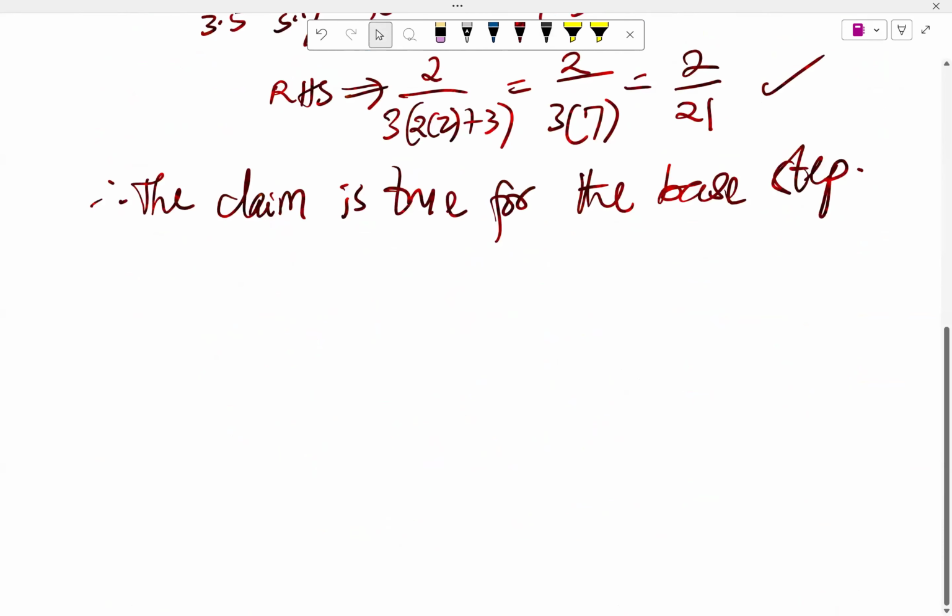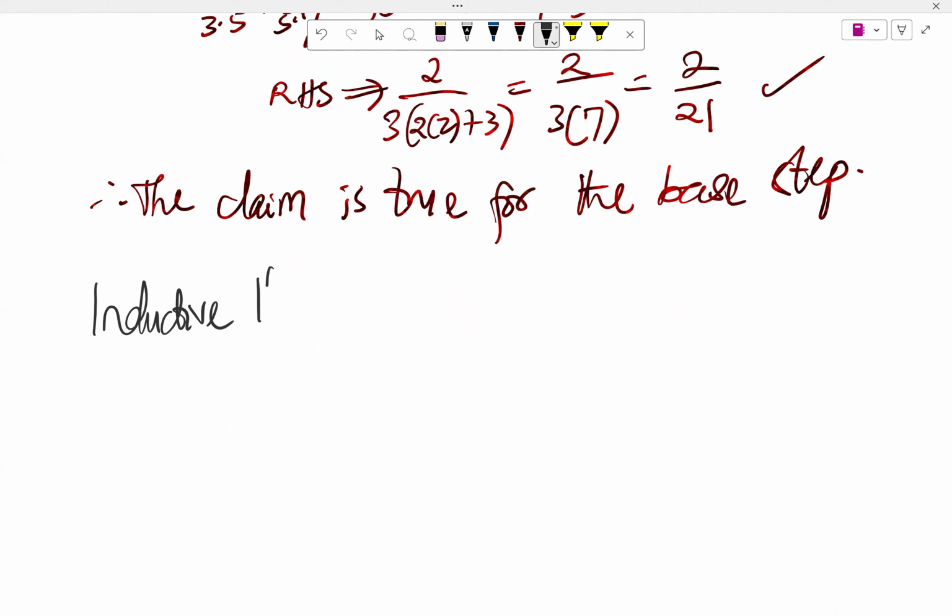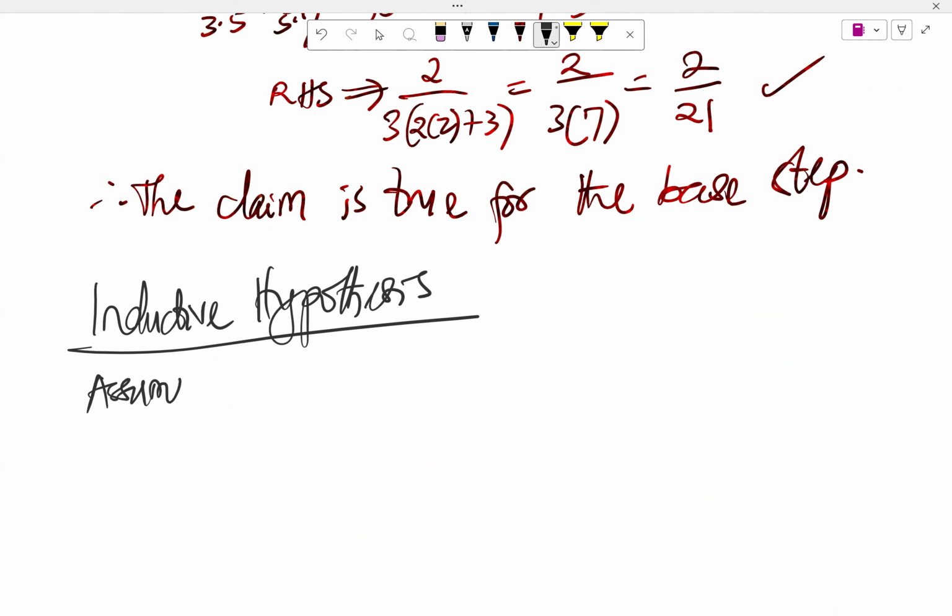We have the inductive hypothesis. At this stage, you just assume the claim is true for n equals k.